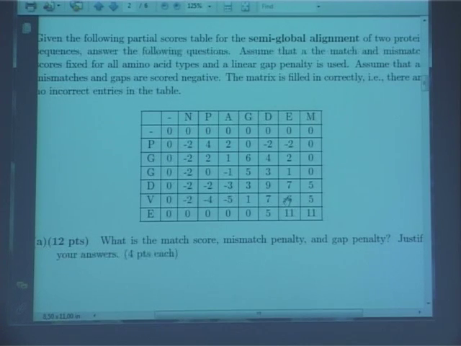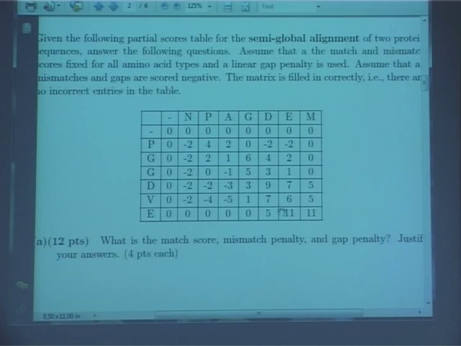Okay, so we are done with the first part of the question. In your justification, you can write things like this: when I was explaining this, this mismatch penalty cannot be this match penalty. Therefore, I need to come from this cell.